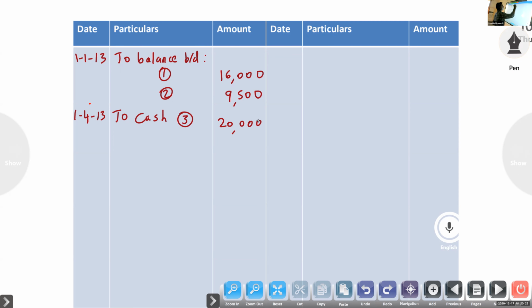If there is a sale on 1st April 2013, what is the first item we will write, Sharath? By sales. No, before sale, because up to 1st April we used that machinery. First, what will we write before cash? Depreciation. Very good.